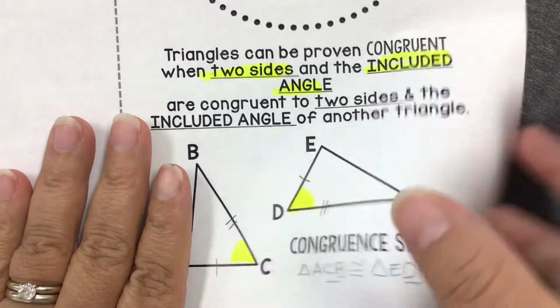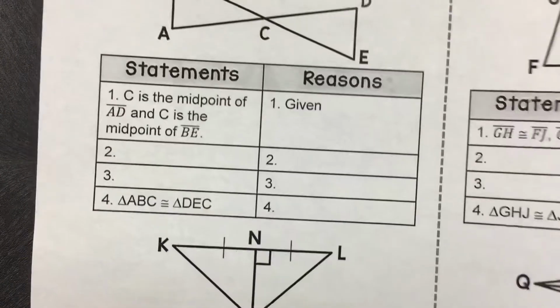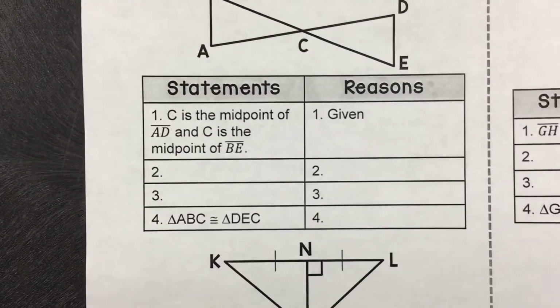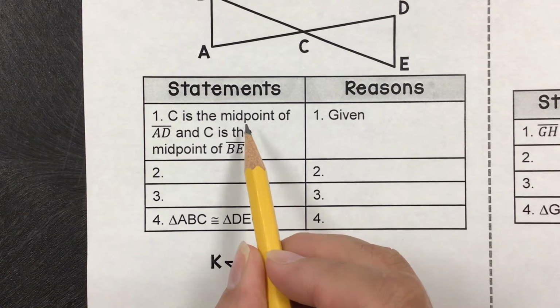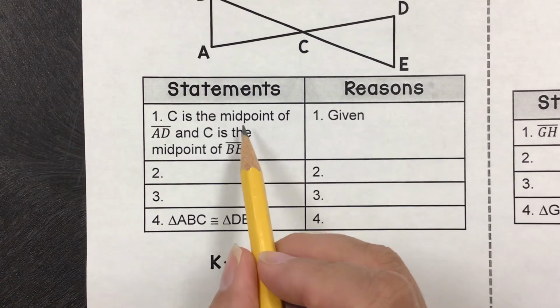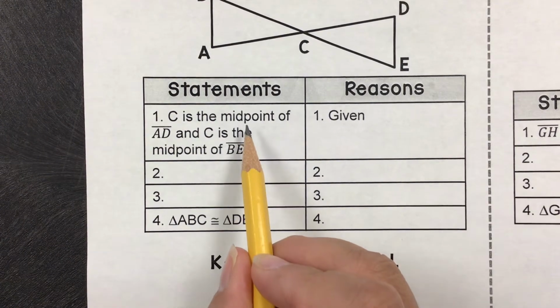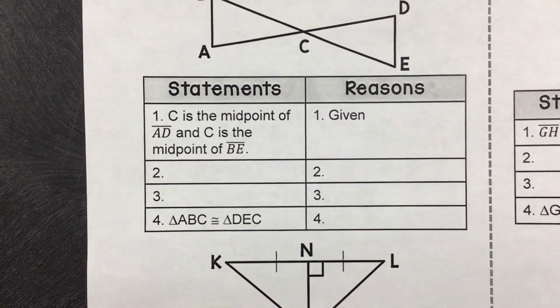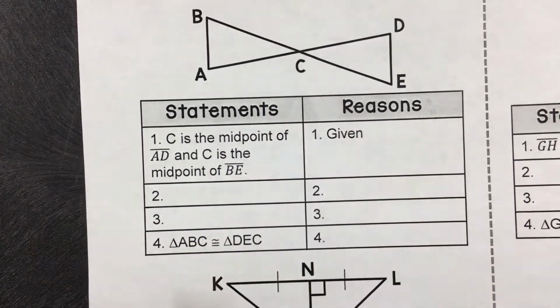All right, let's take a look at the proofs. Some things that you need to remember. Midpoint cuts things exactly in half. The definition of midpoint is what you need to use to say that the two segments are equal. You also know that vertical angles are congruent.